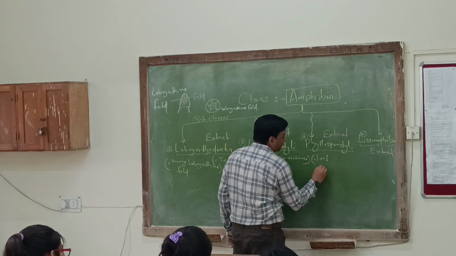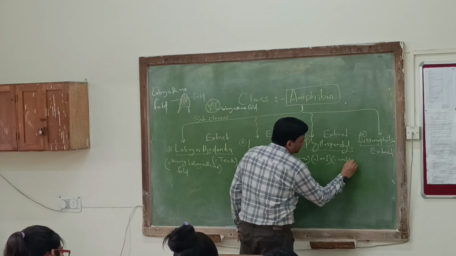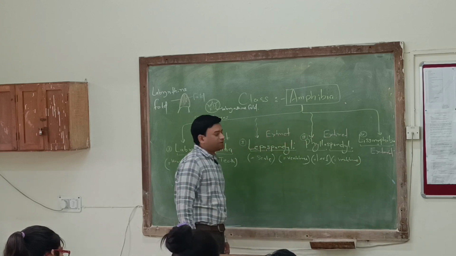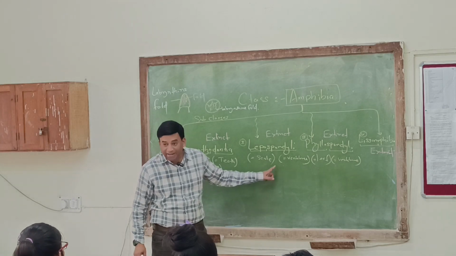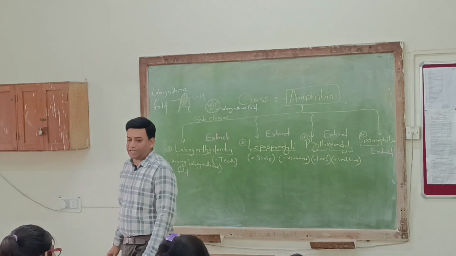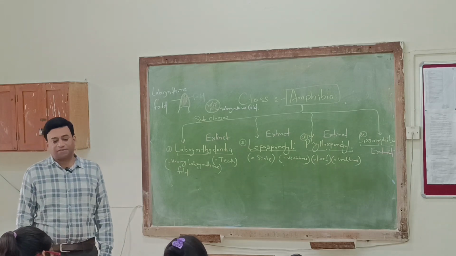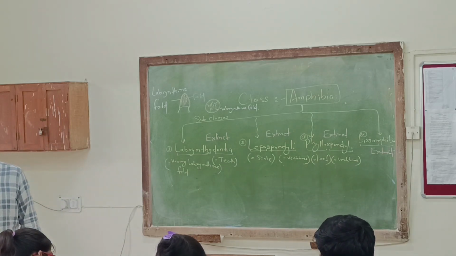Philo means leaf, and spondyli means vertebrae. Got my point? So they have a scale type vertebrae, and they have a leaf type vertebrae. Hence this classification is on the basis of types of vertebrae.